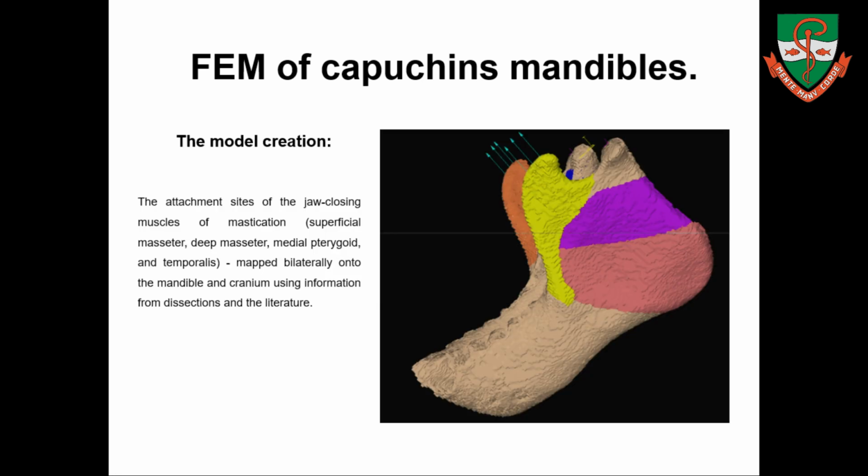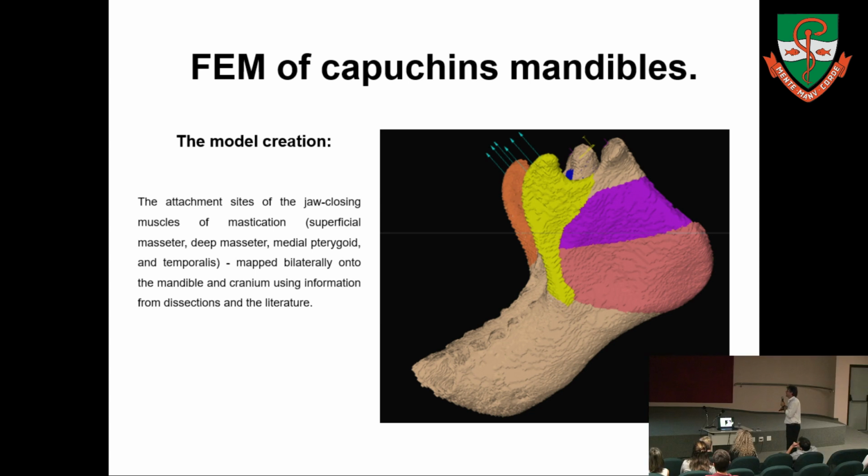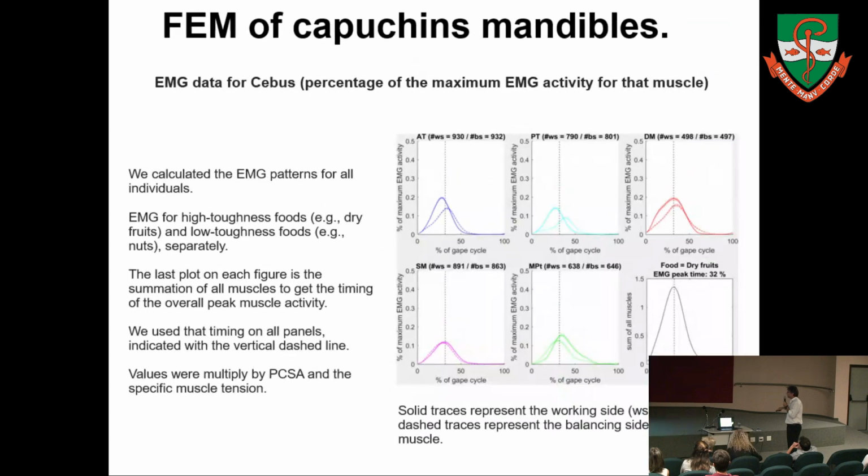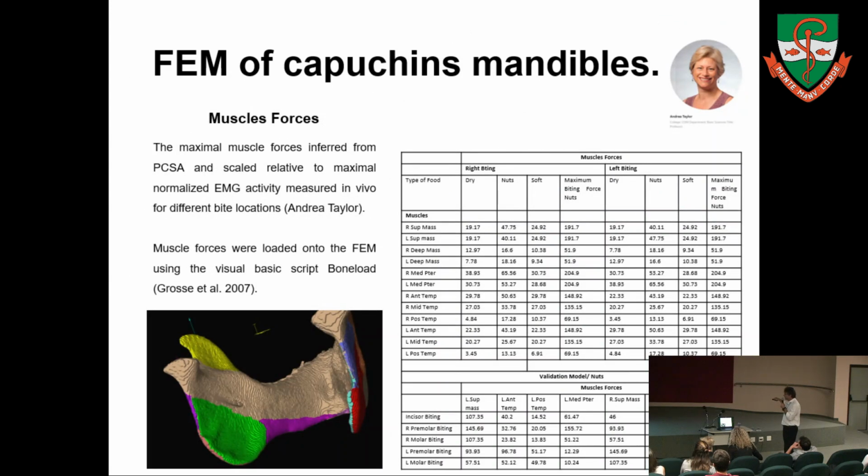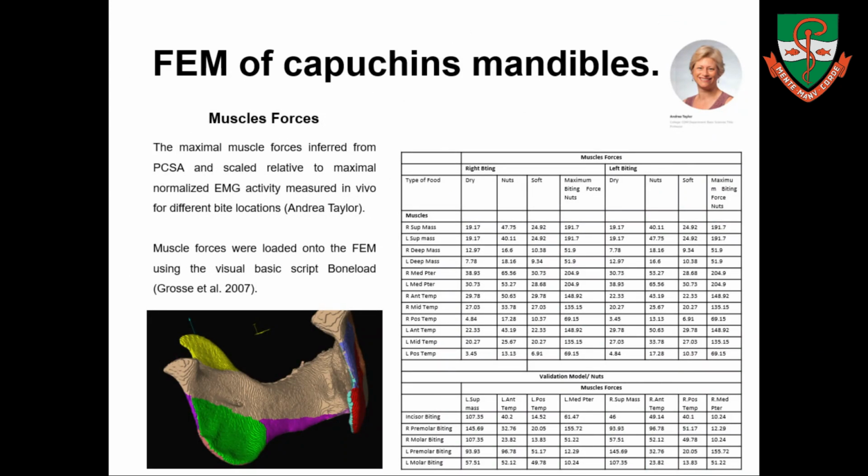Here is the model, and on these sides of the model we insert the muscle forces to generate the analysis. And this is the figure where we have all the muscle forces that we inserted in the model.